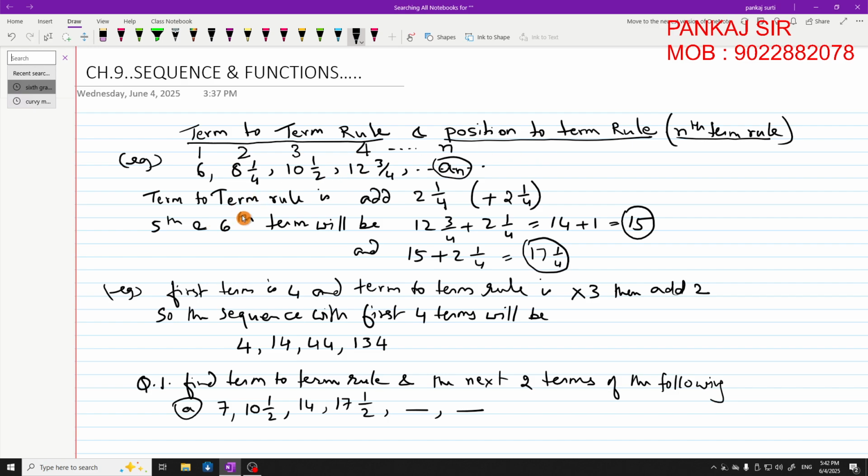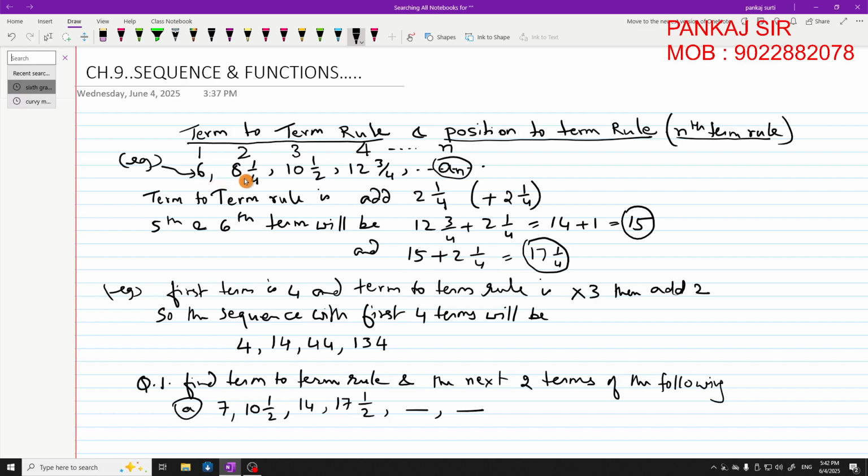Now term to term rule is add 2 1/4. Suppose that in this sequence, this is the sequence that I've given you for example: 6, 8 1/4, 10 1/2, 12 3/4, and it goes on. Now the term to term rule is what? When you want to find term to term rule, you see that there is some fixed rule connecting each and every consecutive term.